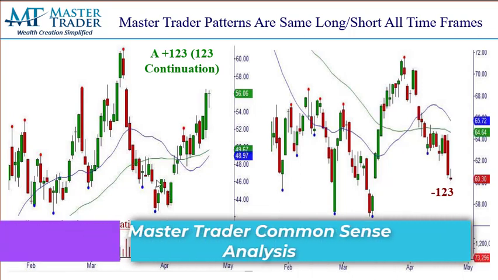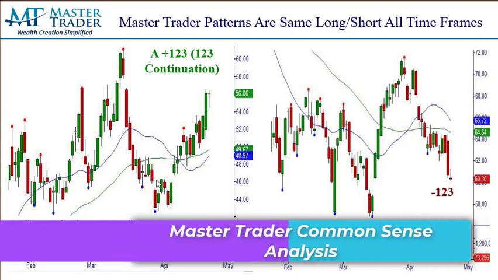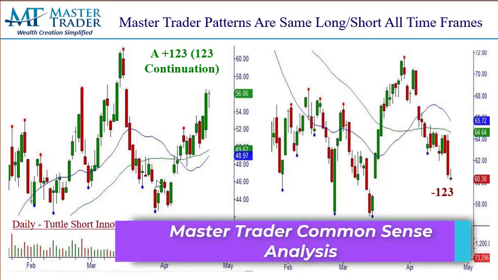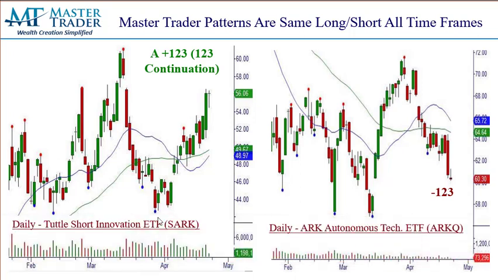Somebody taking my partner Greg Capra's swing trading course on technical analysis could follow everything I just said and say, yep, bullish, bullish, bullish, bullish, I get it. And then when I say, okay, well, let's short this one over here, the ARC Autonomous Technology and Robotics ETF, the ARQ, and I do the same thing.